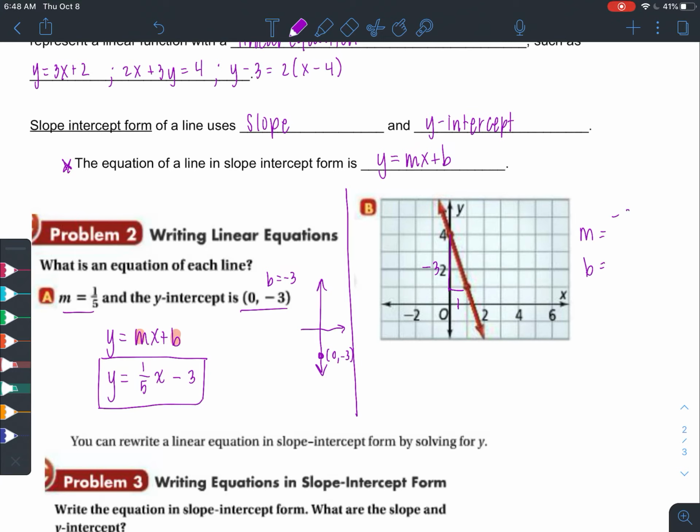So I'm going -3 over 1, which is just -3, my slope. It is going down to the right, so it is absolutely negative. Then my b is where it intercepts with the y-axis, so it intercepts at 4. So b is equal to 4. Plugging that into the equation, we get y equals -3x plus 4.